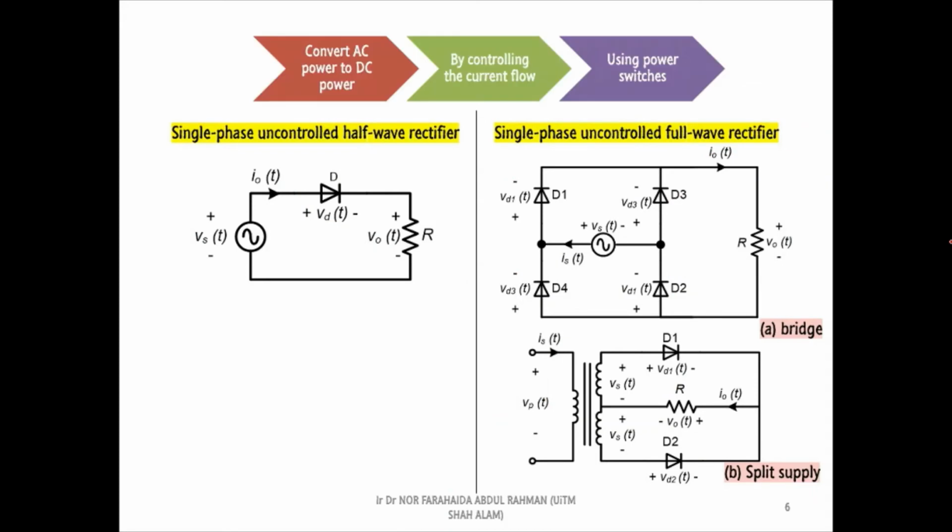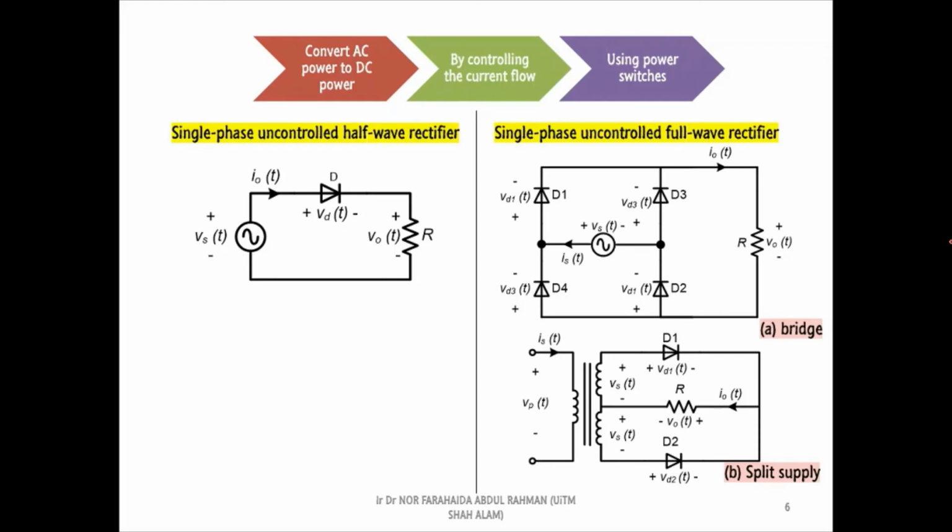As mentioned before, a rectifier converts AC power to DC power by controlling the current flow using power switches. In the context of the uncontrolled rectifiers, we need to focus on the operating conditions of the diodes.